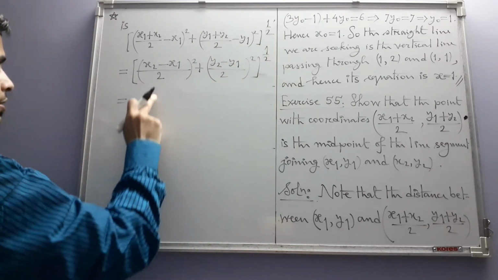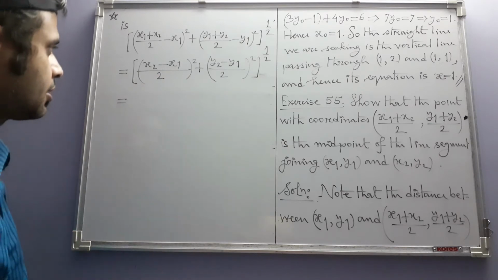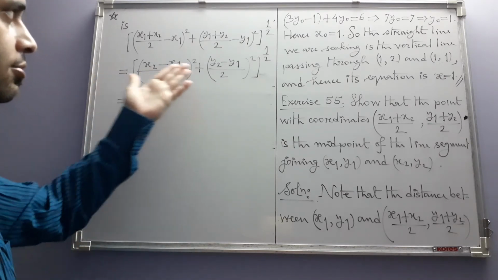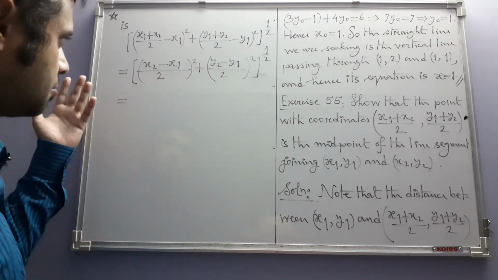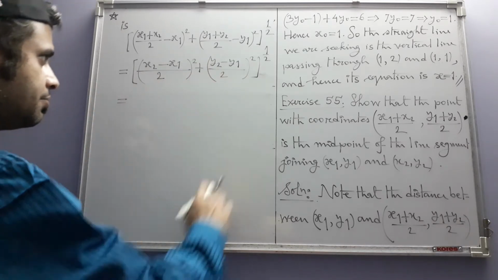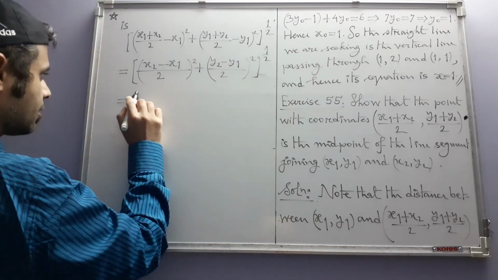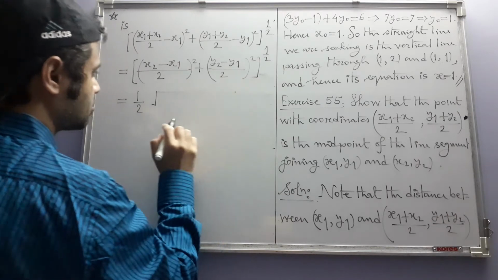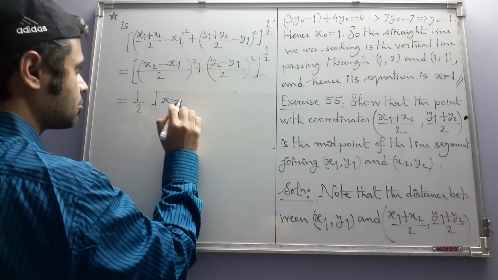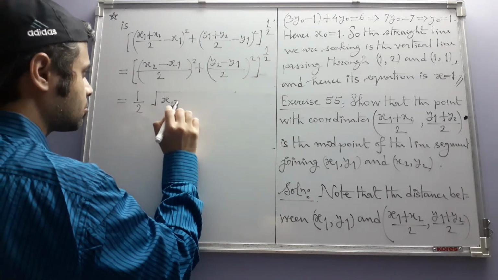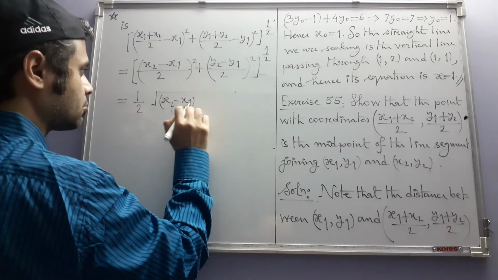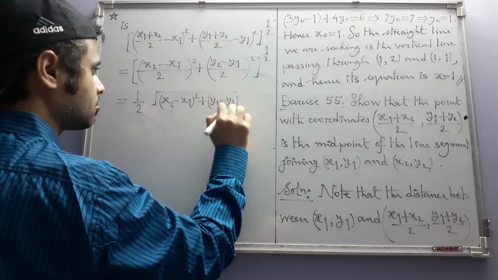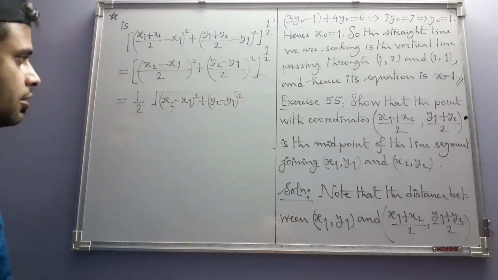So you can see that after squaring and taking 1 over 4 common out and then taking square root of that, after everything has been done, we are left with this square.